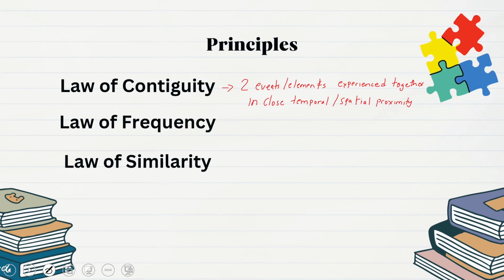So for example, if a stimulus, a bell ringing, is consistently followed by a response, that is food being presented, then one will be able to associate the bell ringing and the food together. Over time, the sound of the bell alone will trigger the expectation of food.